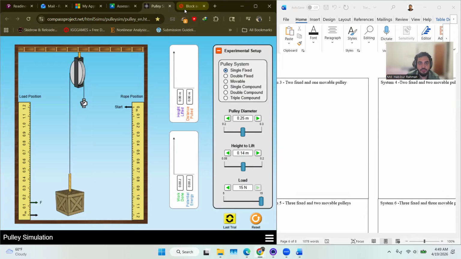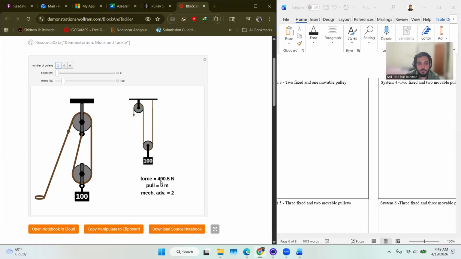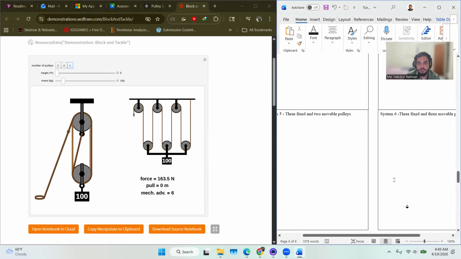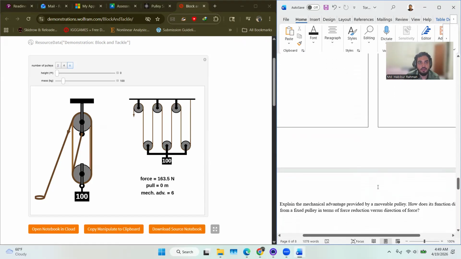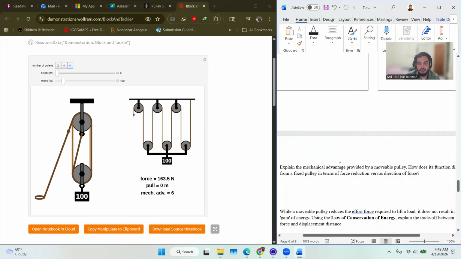For this one, we cannot increase that. Okay, see, for one moving, it is 500. For three moving, it's 100. So now the mechanical advantage increases a lot. It means you have to work much less per unit time than earlier.